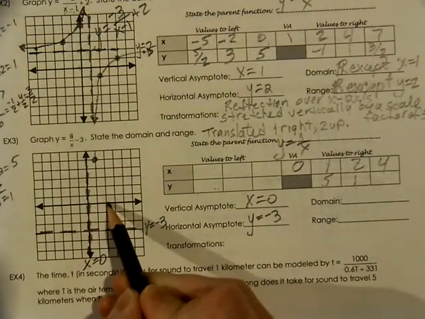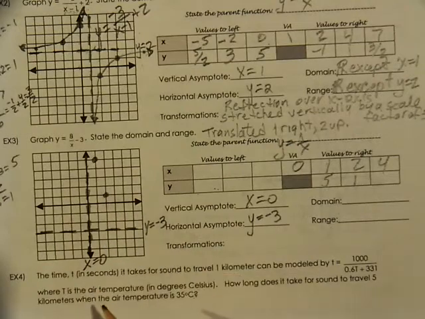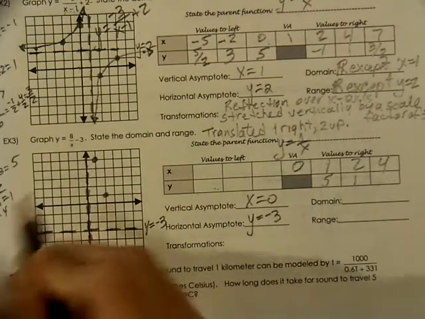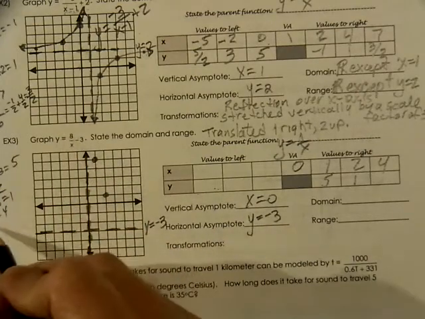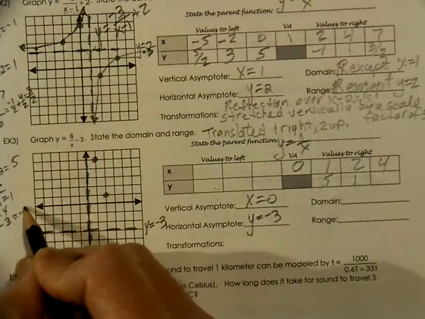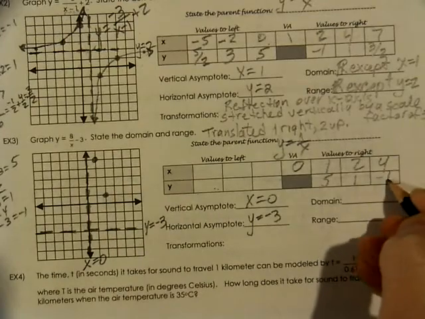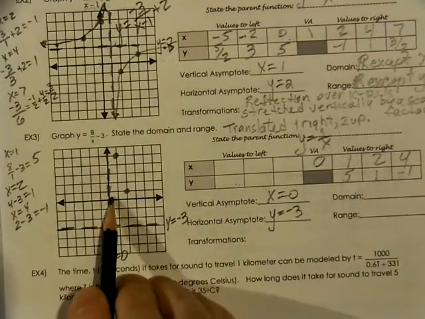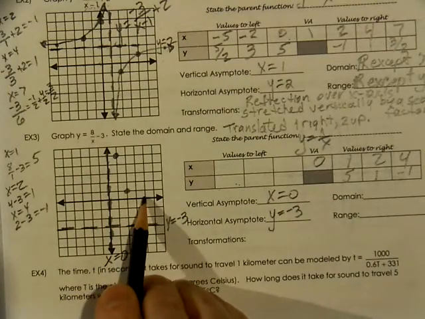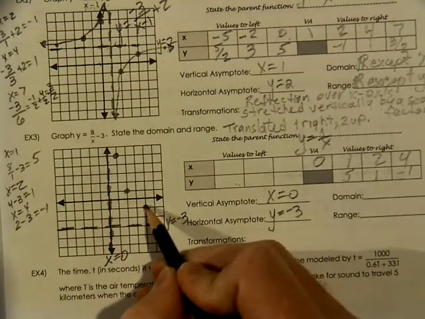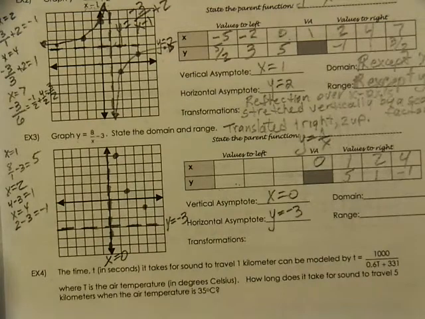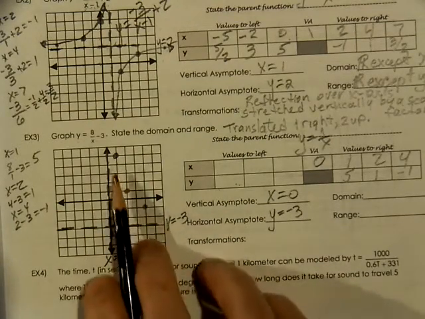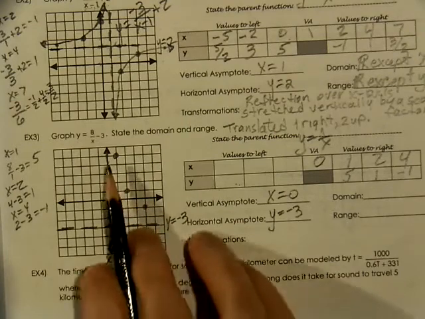So when x is 2, we're up at 1. And also when x equals 4, 8 divided by 4 is 2. Minus 3 is -1. So when x is 4, we get -1.